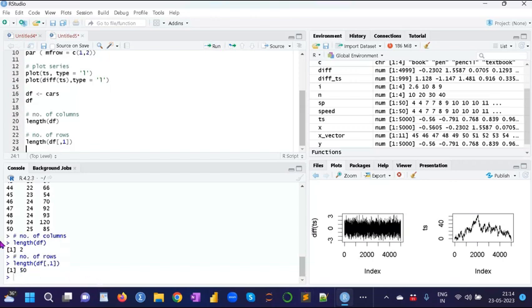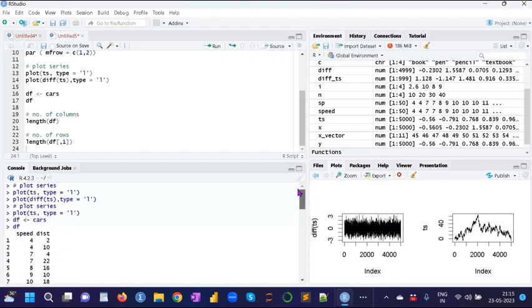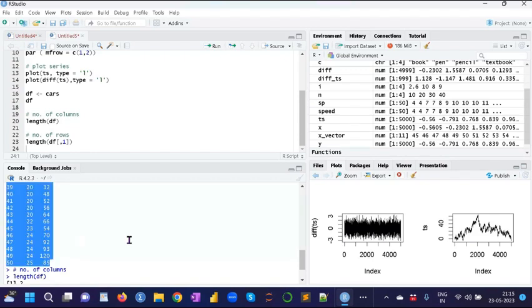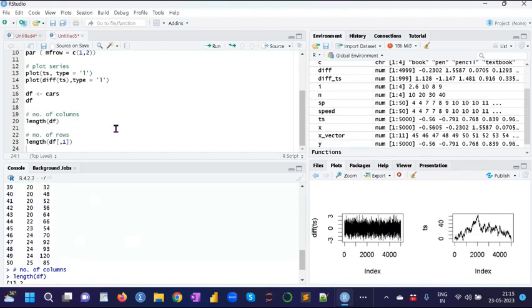So it gives 50. If you see, there are 50 rows. The last is 50. The row count is 50, so it shows you 50 as output.